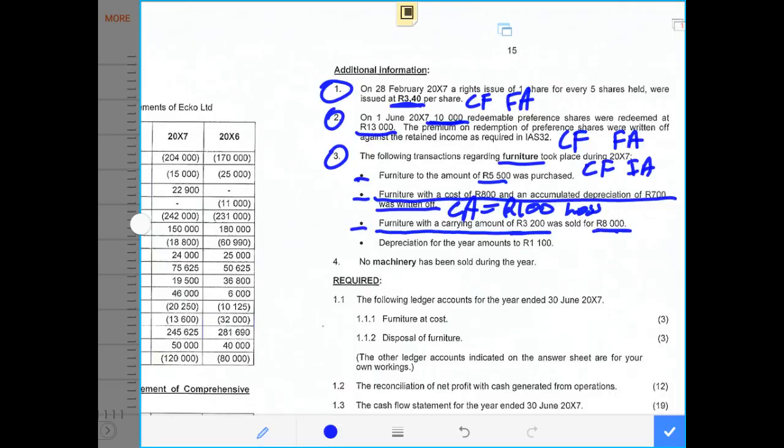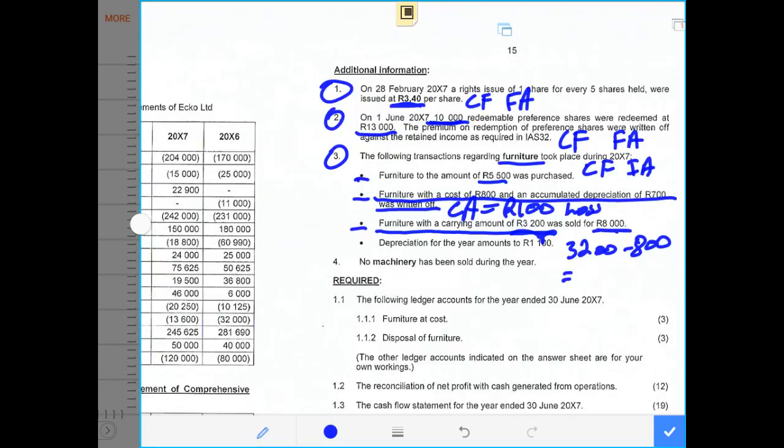But I want to bring your attention, although I'll clarify this later on, to the fact that the furniture with the carrying amount of 3,200 was sold for 8,000. If we sell an asset that had a value of 3,200 at 8,000, that means we must have gained a profit on the sale of this asset.